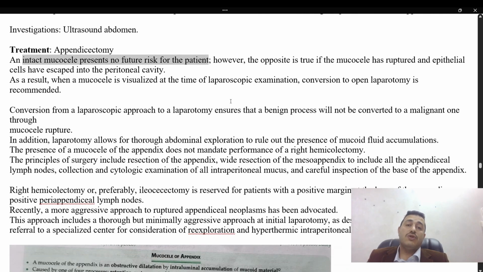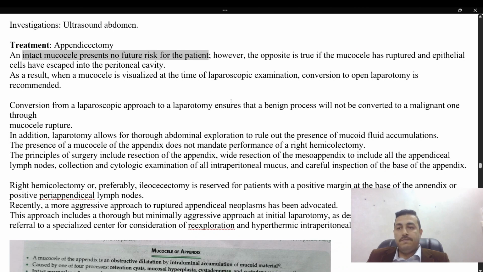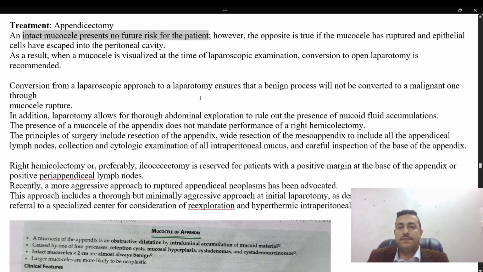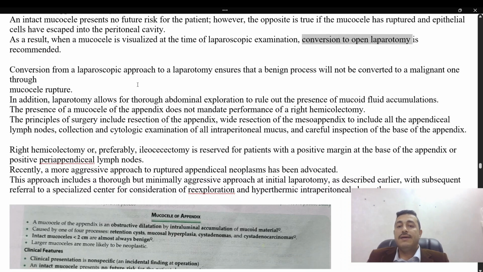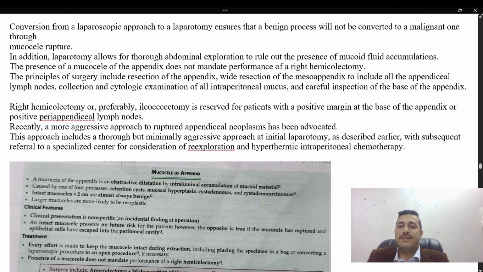We do not want pseudomyxoma to develop. Here they advise to convert to open laparotomy. Okay, it's advised, but a trained, skilled surgeon can continue with laparoscopy, using certain techniques to extract the appendix in a bag. Okay, what else?